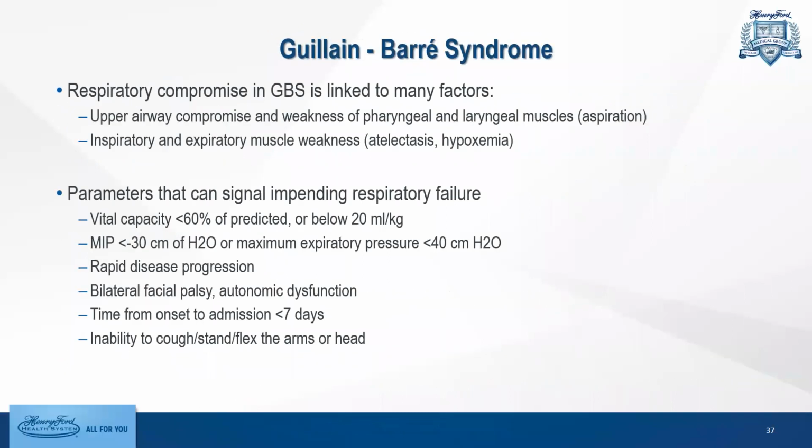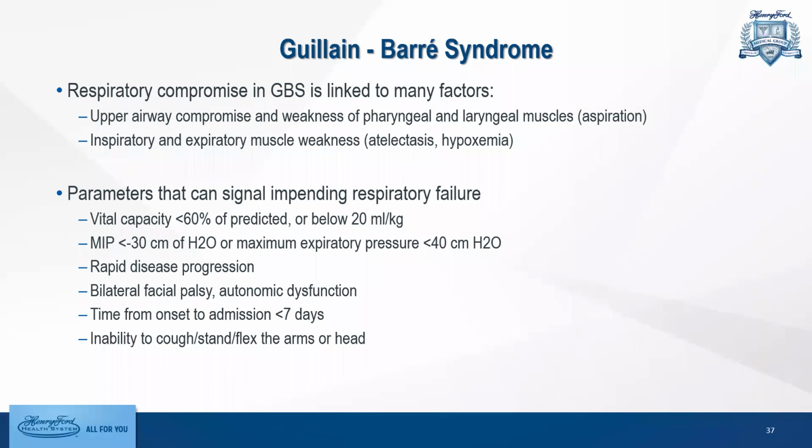Okay. Respiratory compromise can be linked to many factors: upper airway compromise and weakness of pharyngeal and laryngeal muscles causing aspiration, and inspiratory and expiratory muscle weakness. What do you usually need to do in the ICU for these patients? You're going to have to monitor their vital capacity. If it's less than 60% of predicted or below 20 mL per kg, you're going to start talking about initiating ventilation.